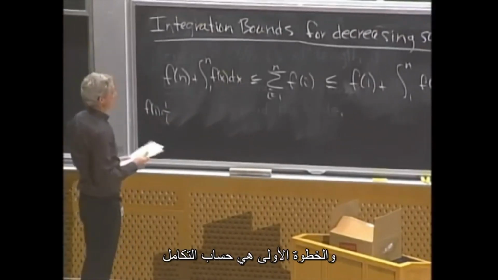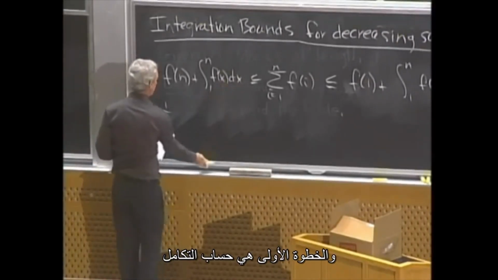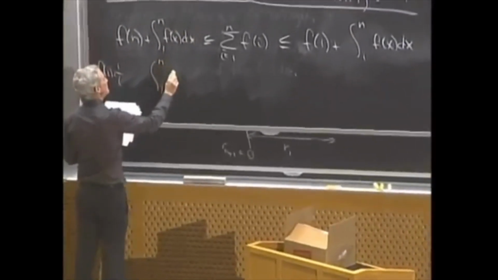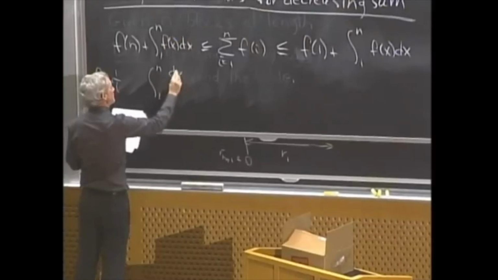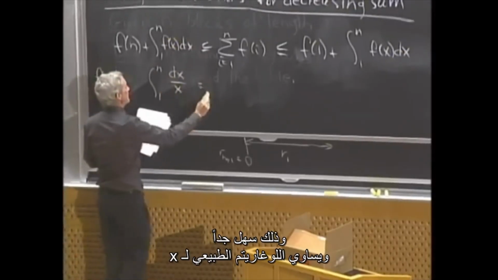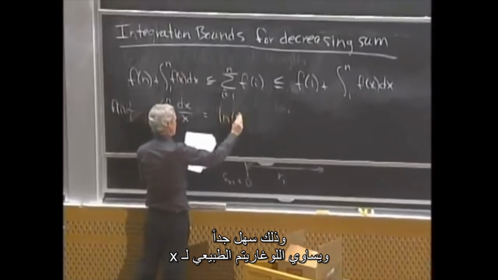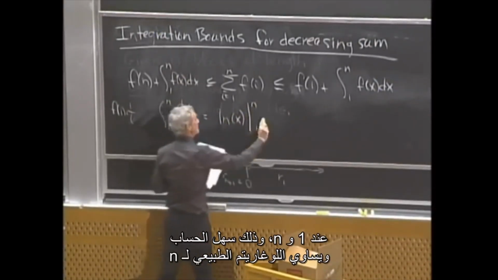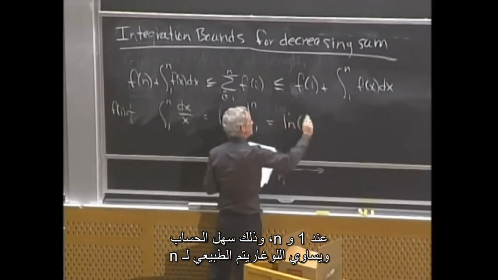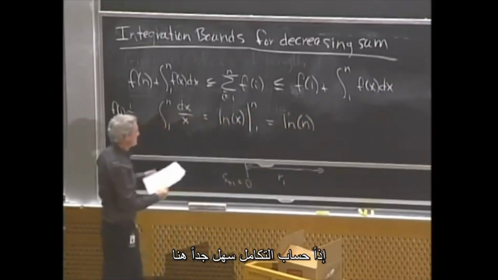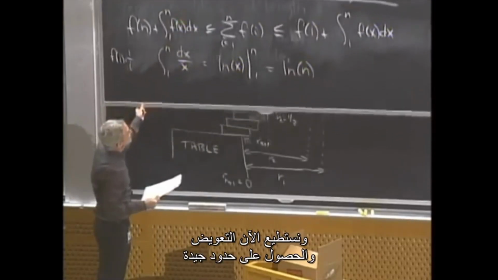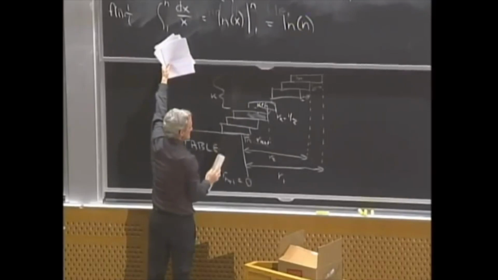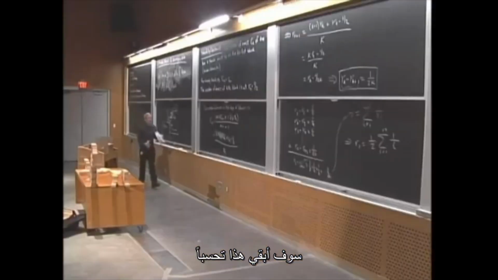So the first step is to compute the integral. And that's pretty easy. That's just the natural log of x evaluated at n and 1. And that's easy. That's just the natural log of n. So the integral is very easy here. And now we actually can just plug in and get really good bounds.